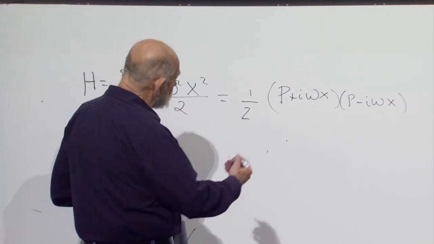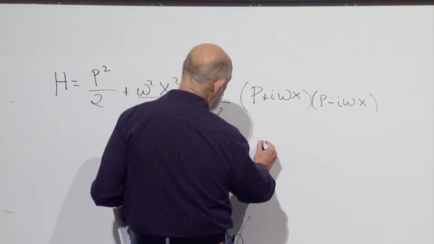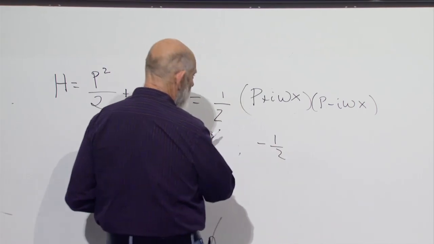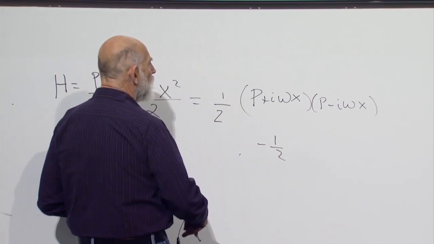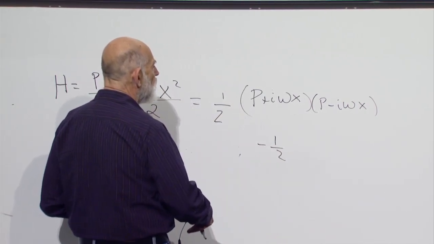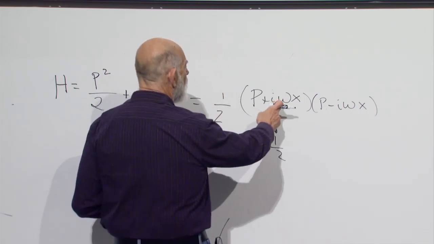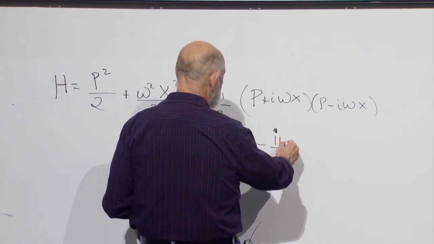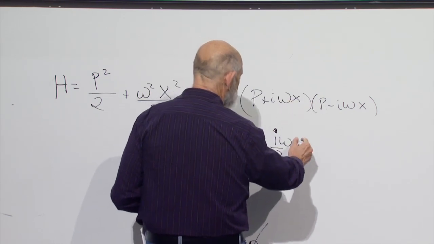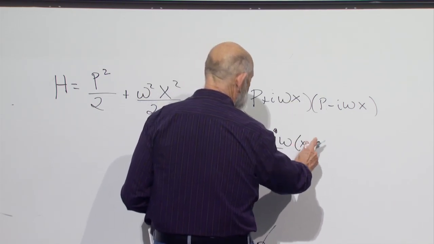So let's see. What do I have to subtract here? I have to subtract minus 1/2 from here. And then I will have i omega. We have x times p minus p times x.